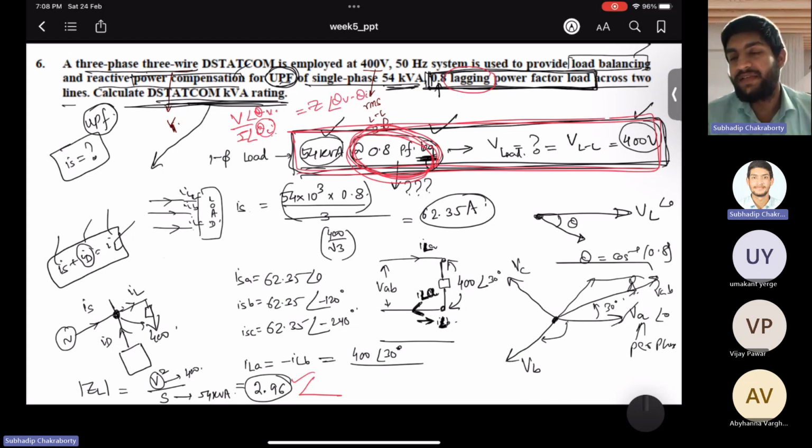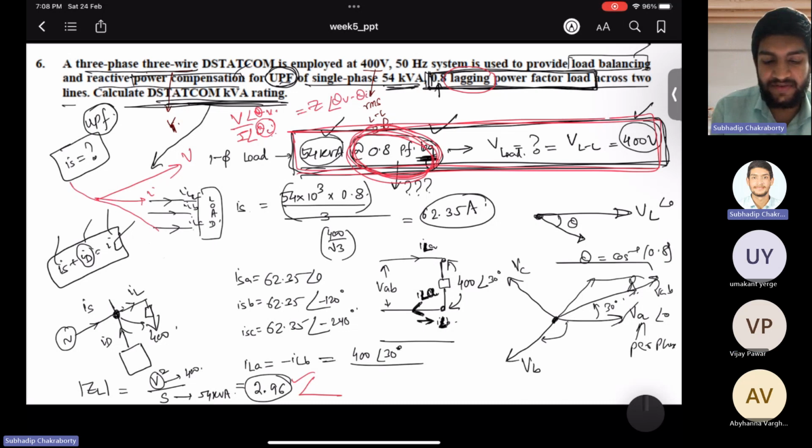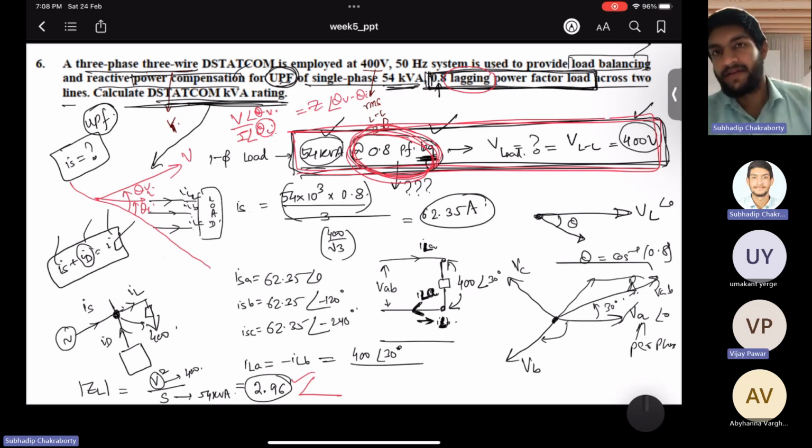Is theta I more or theta V more? In this situation, the current lags the voltage, so whose phase is more? If I have some reference and I see anti-clockwise, this is theta V, this is theta I. So theta V minus theta I is always positive, because the current is lagging the voltage.